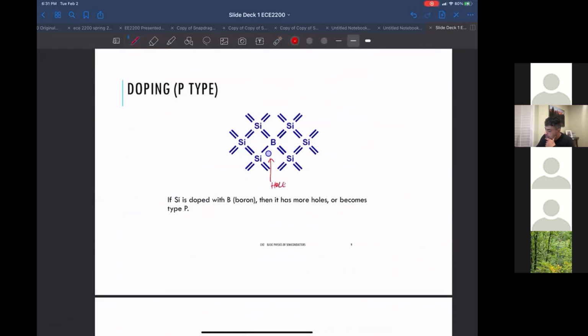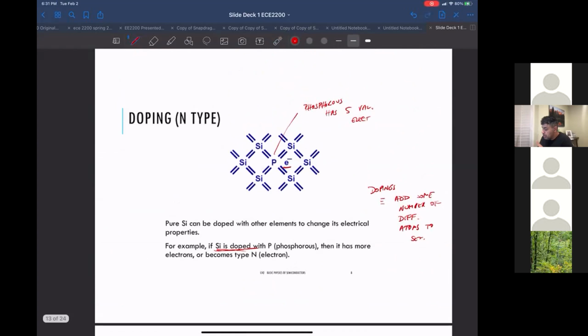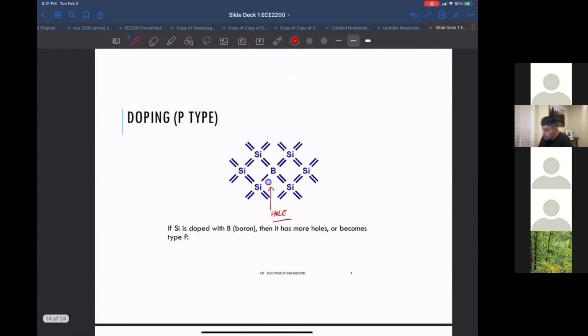Again, regardless of an electron going free because of temperature, you end up with this hole anyway. So if you want more electrons in your semiconductor, you dope it with a group 5 element. Phosphorus is very popular for that. And if you want more holes, you dope the semiconductor with a group 3 element. And again, boron happens to be popular for that.